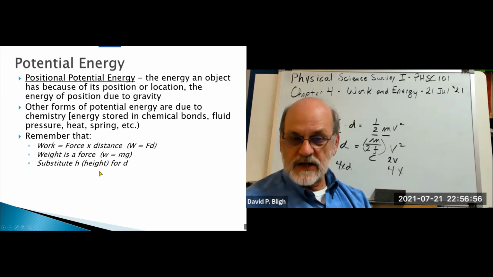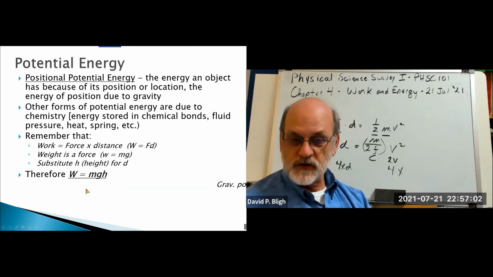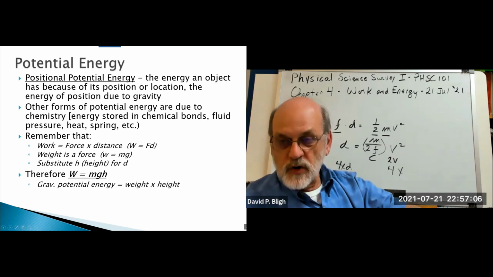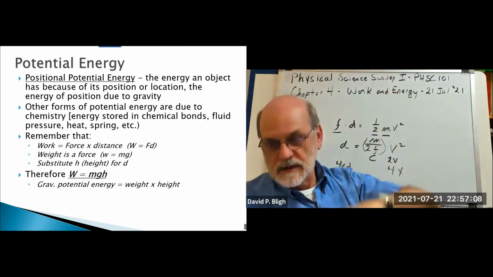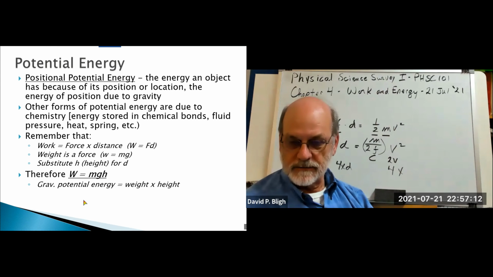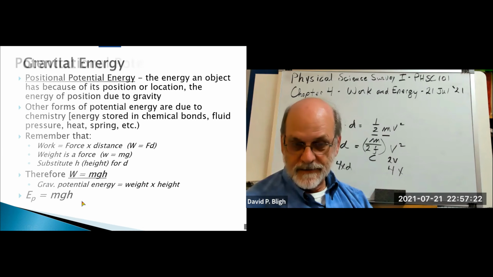We substitute h for d, then the force applied through that distance requires a certain amount of work. And you store potential energy by moving an object up against that gravitational field. So weight times height is your potential energy. Right? So the potential energy is this mgh.